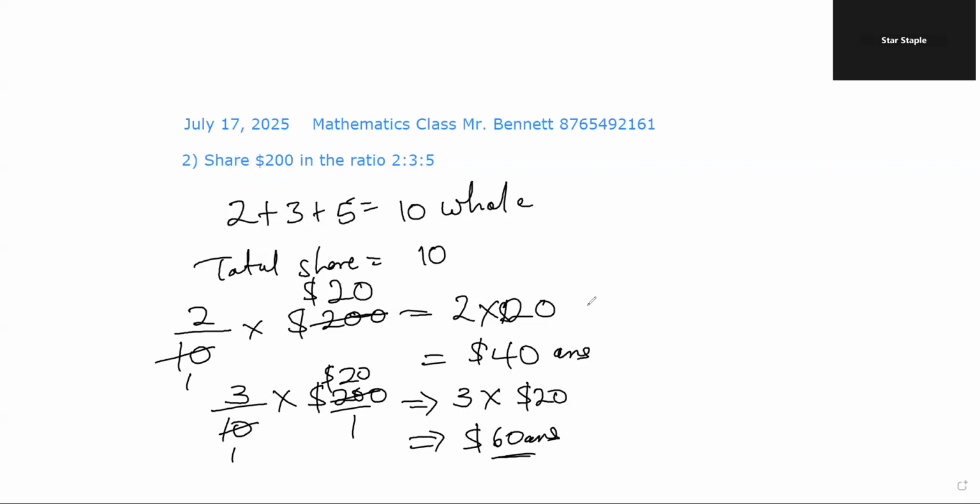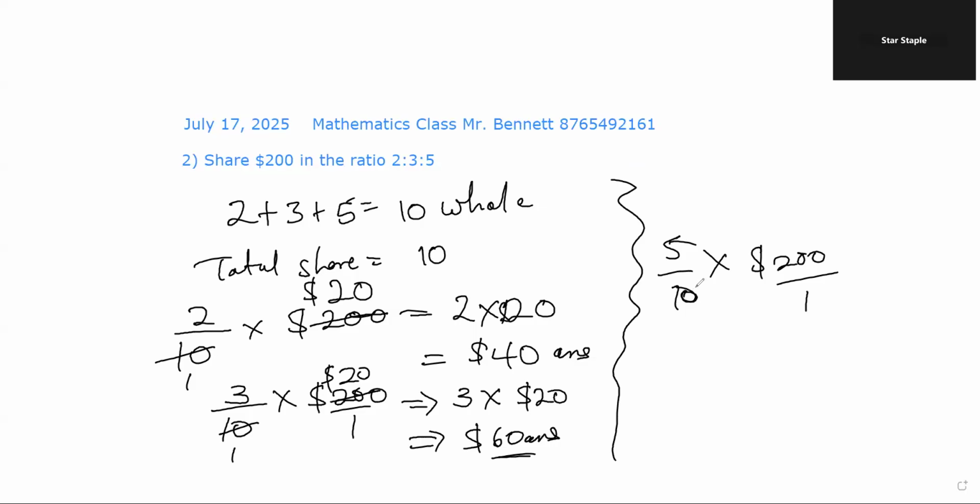Now 5 share. 5 share over 10 times 200 over 1. 10 into 10 goes 1 time. 10 into 200 goes 20 times. 5 times 20.